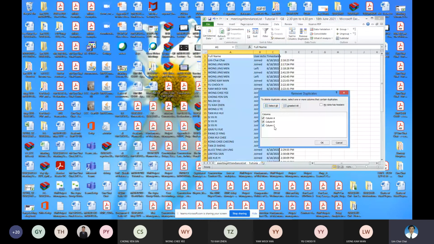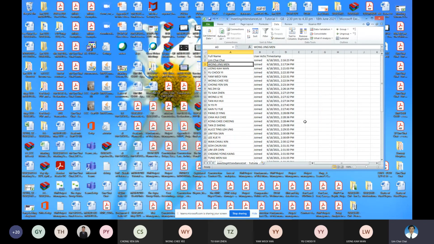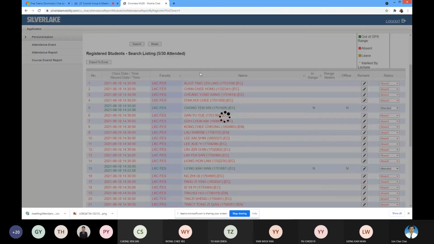I have 30, 32 here is 30. That means full attendance. Let me check and see. I counter-check here. Full attendance. Oh, something is wrong with Silver Lake. You can see here, it keeps on spinning the whole afternoon already. Never mind. At least I did the menu update.